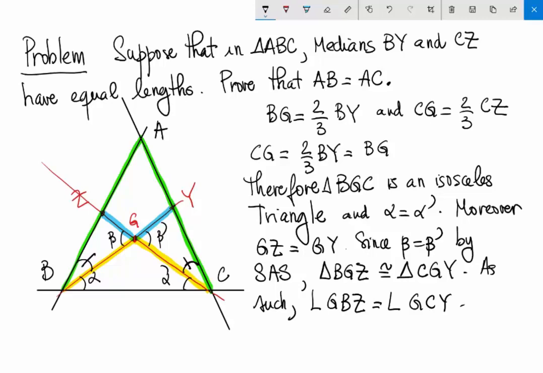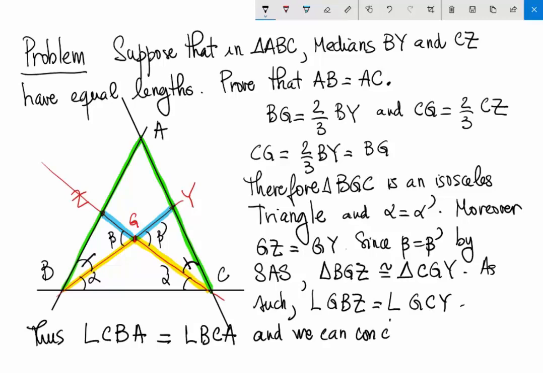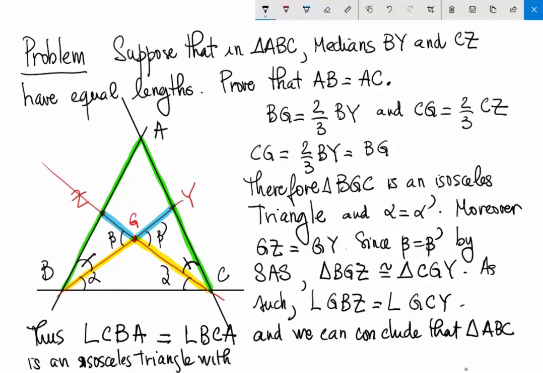So thus the angle CBA is equal to the angle BCA, and we can conclude that the triangle ABC is an isosceles triangle with base BC.